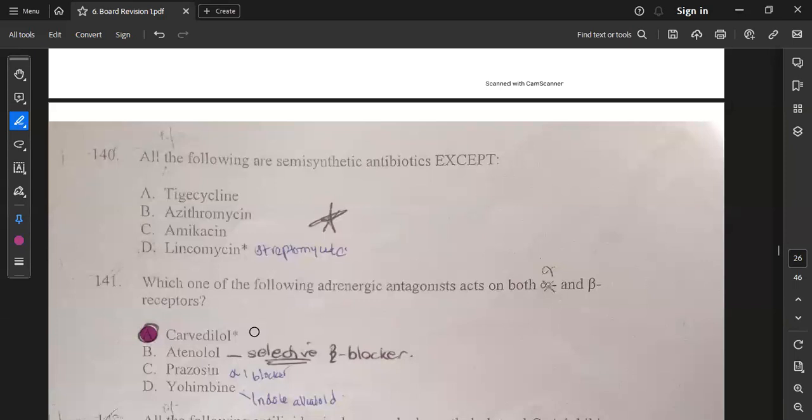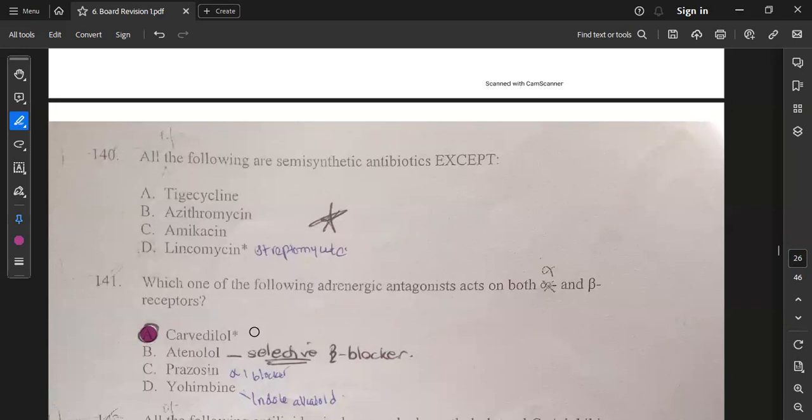All the following are semisynthetic antibiotics except: tigecycline, azithromycin, amikacin, lincomycin. So, types of antibiotics: synthetic, natural, and semisynthetic.